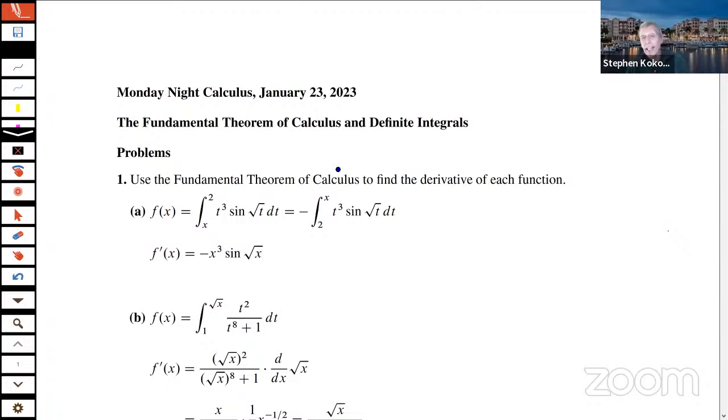Tonight's topic is the fundamental theorem of calculus, the most important idea in all of calculus and definite integrals. What I'm going to try to do, Curtis, is a couple of problems that just illustrate the fundamental theorem of calculus, what we traditionally call part one. Then I'm going to take a step back a little bit and do a problem that I really like, that I think motivates the conclusion of the fundamental theorem of calculus part one.